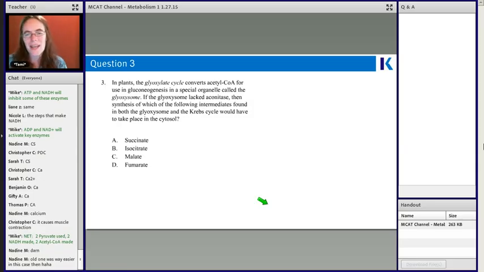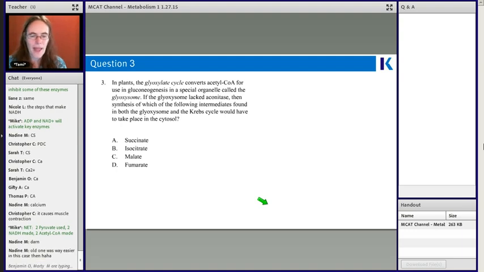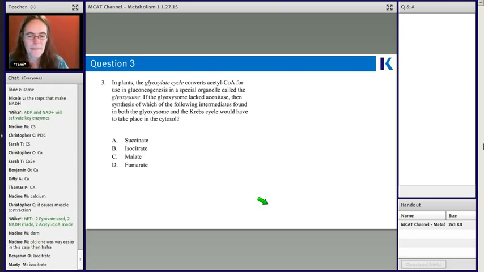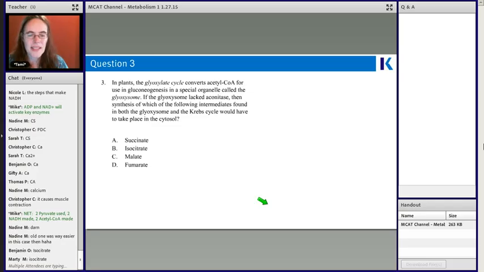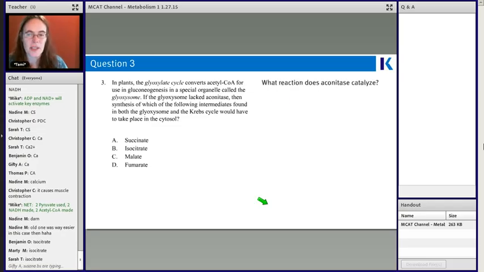So what does aconitase make? Yes, it makes isocitrate. So it's citrate to isocitrate.